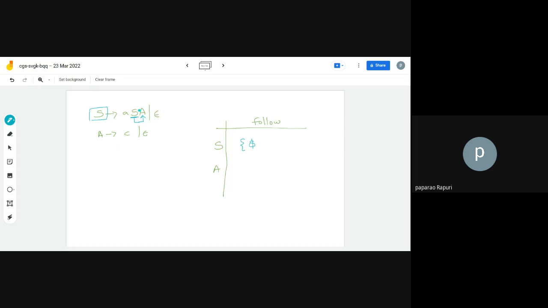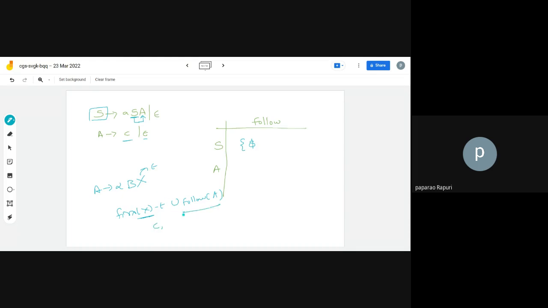So suppose it is in the format of A derives alpha B X, and X is producing epsilon. For that purpose, what do we have to do? First of X minus epsilon union follow of A. So here first of X means first of A. First of A means c comma epsilon. So if you subtract epsilon, only c is there.